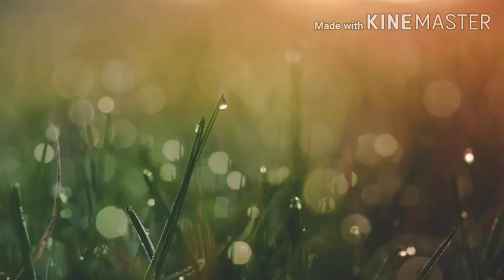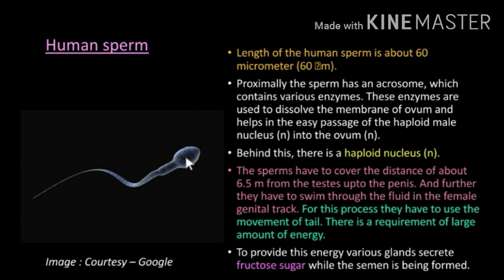The sperms have to cover the distance of about 6.5 meters from the testis up to the penis, and further they have to swim through the fluid in the female genital tract. For this purpose, they have to use the movement of the tail, and for this movement of the tail there is a requirement of a large amount of energy.